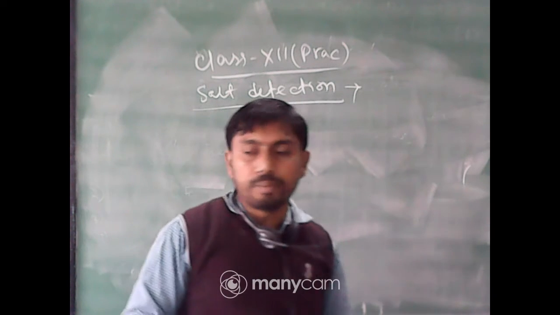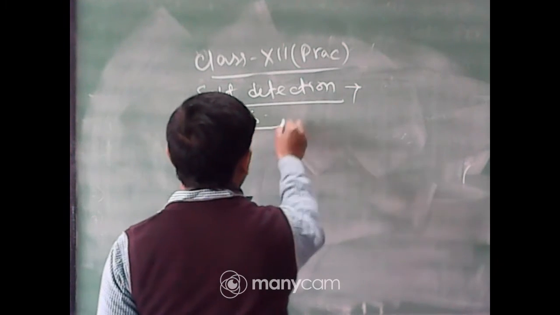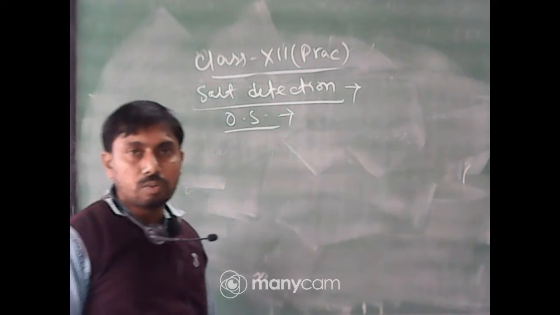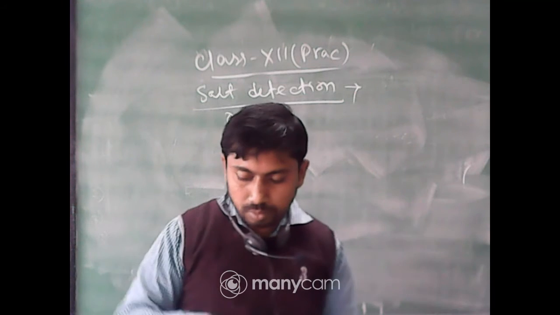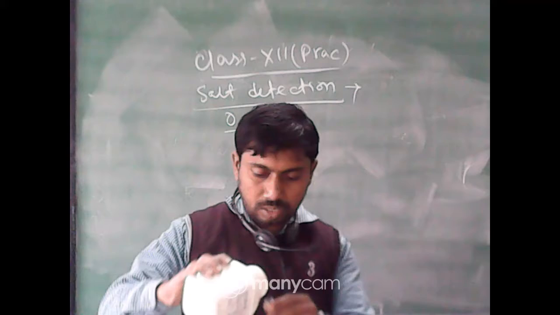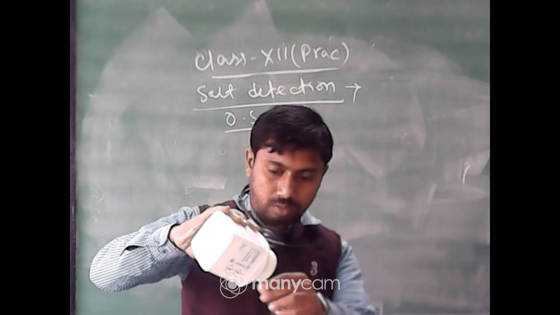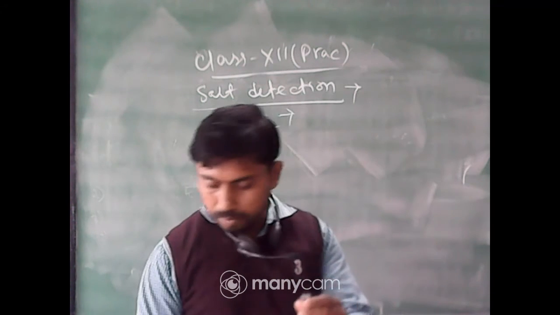First of all, preparation of the OS, the original solution. Most of the salts are basically water soluble. So I will take the salt and add distilled water to it.